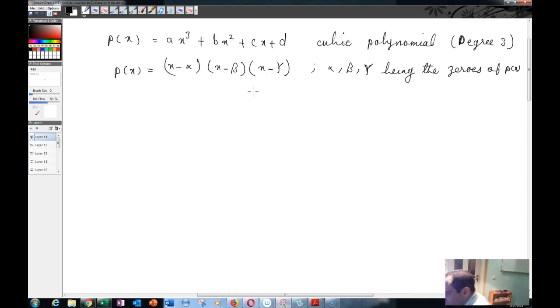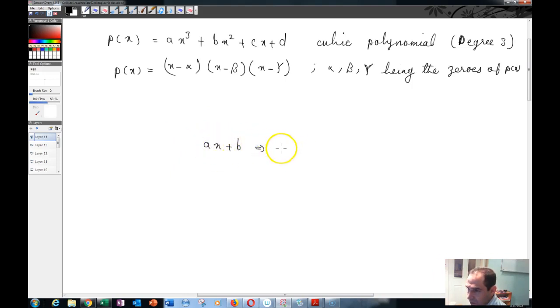There is a theorem, probably we will get to that theorem, where you can prove that, for example, every first degree polynomial ax plus b, of course, you don't need to factorize anything.